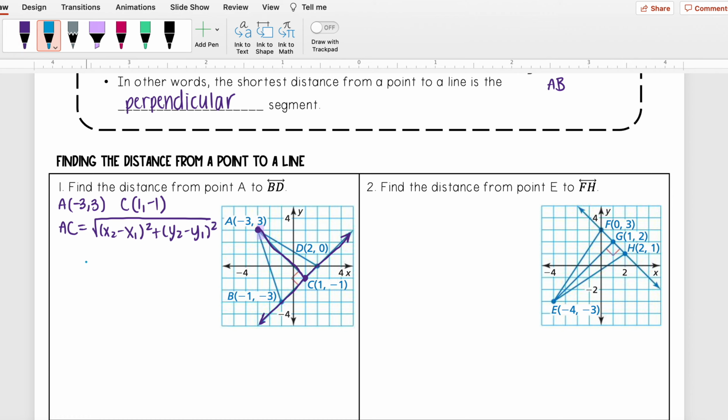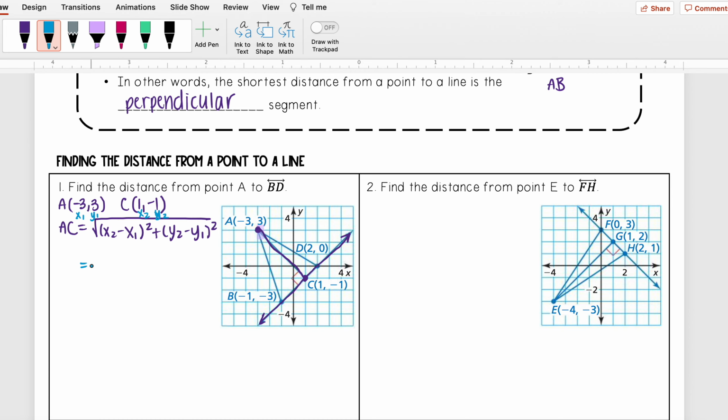My first step is to label what my x1, y1 and my x2, y2 are. I'm going to have my point A be my x1, y1, so that means that -3 is x1, 3 is y1, 1 is x2, and then -1 is y2.